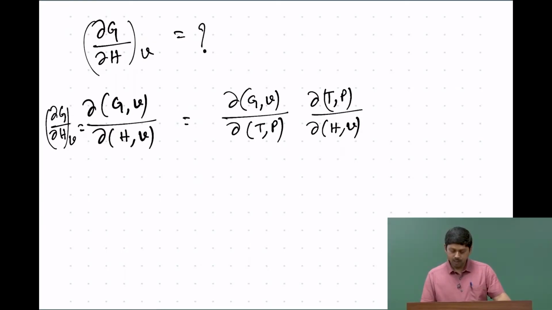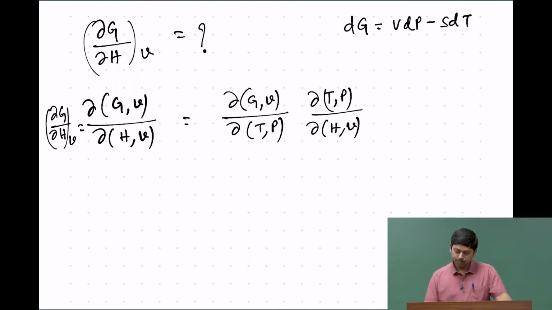Now, once we have that, we need to know certain quantities of G. So, dG equal to V dP minus S dT. So, therefore, it is advantageous for us if we have T and P quantity.